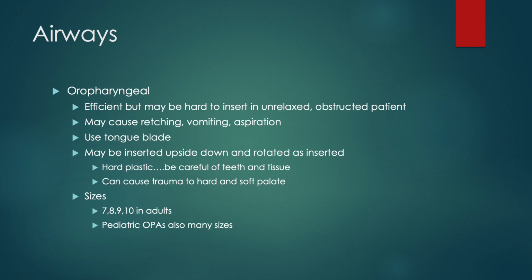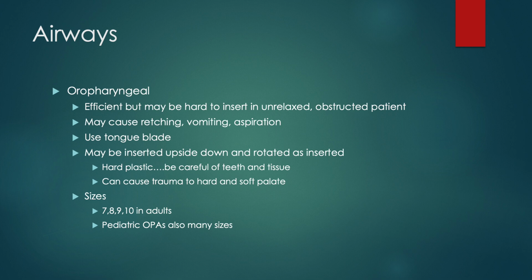Oral airways are very efficient. You should know your sizes: 70 millimeter, 80 millimeter, 90, and 100. 100 is red. I typically say red for men, yellow for women, so that's 90. Green is 80, white is 70, black is 60, light blue is 50.